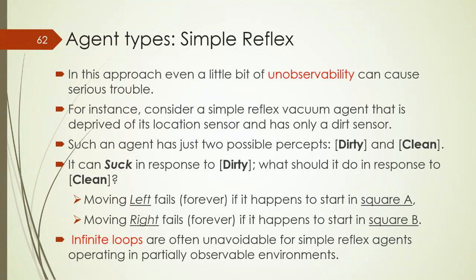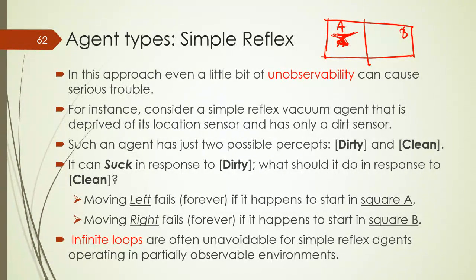For instance, consider a simple reflex vacuum agent that is deprived of its location sensor and has only a dirt sensor. This is a very good example. So you see in our agent, it has only two locations, location A, location B, and our agent, whatever it is here, should move left or right and suck up the dirt.